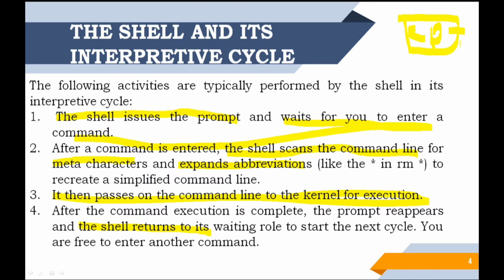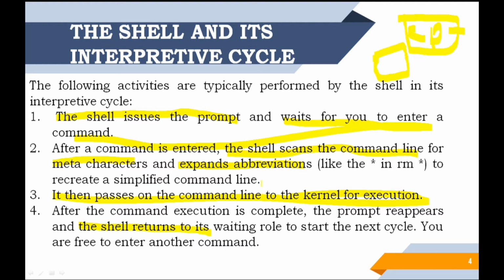Then in the fourth step, after executing, once again it is going to prompt the window, that is the terminal will be prompted, and once again it will wait for the user input. So, 4 steps are there. The first one: the shell is going to issue the prompt, then wait for the user to enter the command. Second, after entering the command, it is going to recreate one simplified command line which is not going to contain any meta characters there.